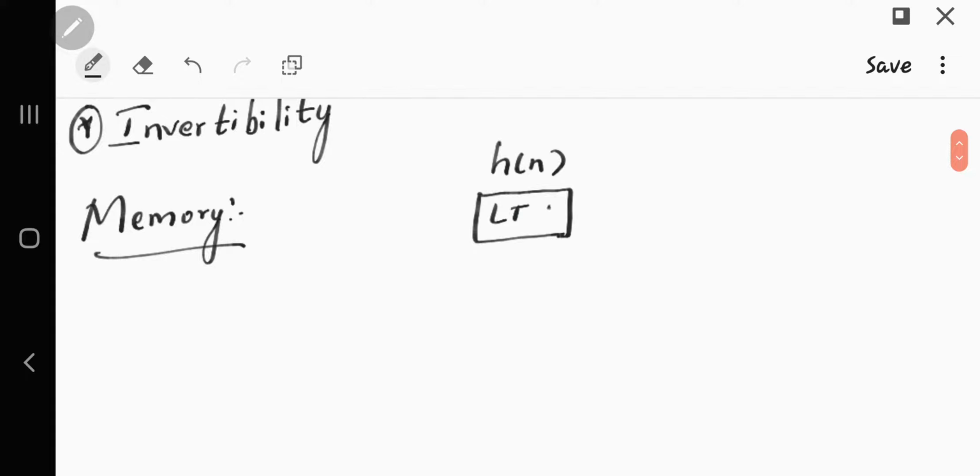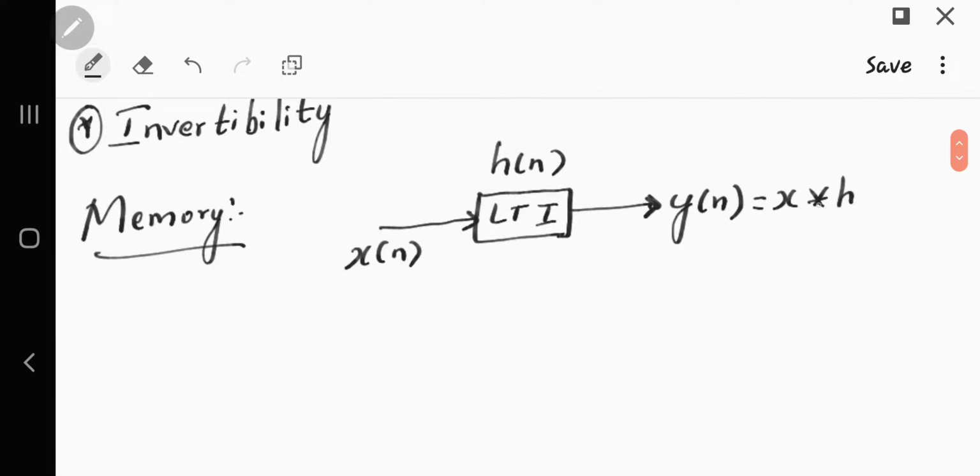This is an LTI system, the input is x of n and the output you will get is y of n, which is the convolution of x of n and h of n. You have to remember this whenever you are going through the properties of LTI system.